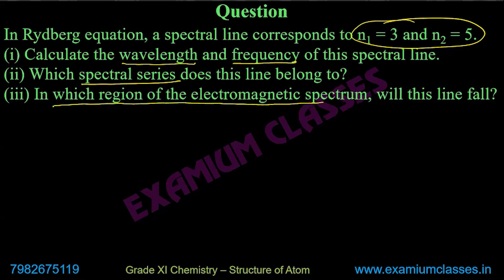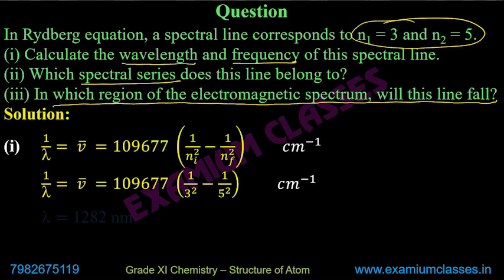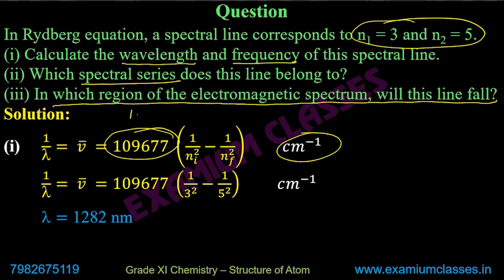In which region of the electromagnetic spectrum will this line fall? Now, Paschen, Brackett, Pfund all fall in the infrared region. So because we have identified it, remember why I am using 109677 here: because I am using per centimeter. If you had used per meter, then it would have been 1.097 into 10 power 7.